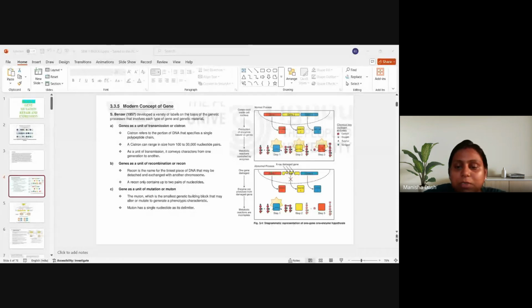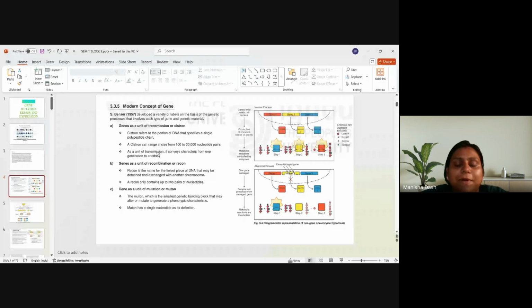Then coming to the concept of gene. If we think of exactly what we mean by gene, gene can be expressed as three different units on the basis of its function. Gene could be treated as a unit of transmission that we call cistron, or as a unit of recombination, that is recon, or as a unit of mutation, or muton.